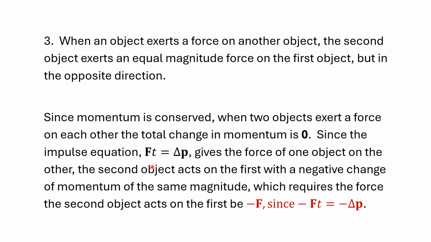Since the impulse equation Ft equals the change in momentum gives the force of one object on the other, the second object acts on the first with a negative change in momentum, so that momentum can be conserved, of the same magnitude, which requires the force of the second object on the first to be a negative F, since negative Ft is equal to negative the change in momentum.